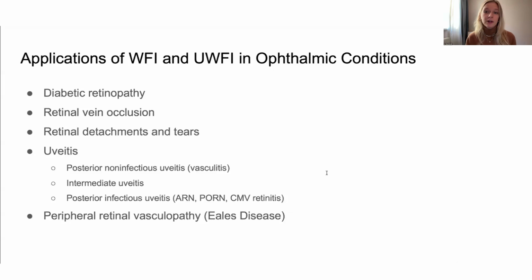And also peripheral retinal tears and detachment will be visible, as well as posterior and intermediate uveitis, especially if we talk about pars planitis, where we should see far beyond the vortex veins and up to the pars plana, where peripheral retinal leakage will be used not only to determine whether the disease and uveitis is active, but also to understand the effect of the treatment that we are giving to our patients.